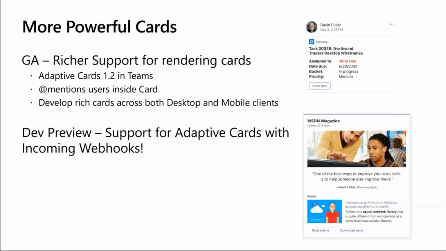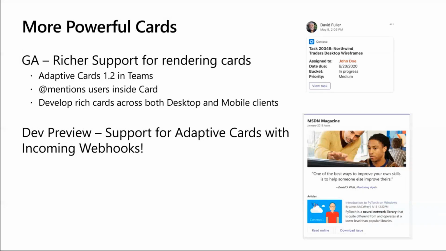The second thing we've got is add mention support inside cards. If you have been developing bots inside Teams, you always have had the ability to add mention a user inside a message, and that would show up within the activity feed. You can do the same within cards. You can see this card for John Doe. This red is the person's name, and if this was Teams and you hovered your mouse over it, the people card would show up, and this entire card and the corresponding message would be available in their activity feed.